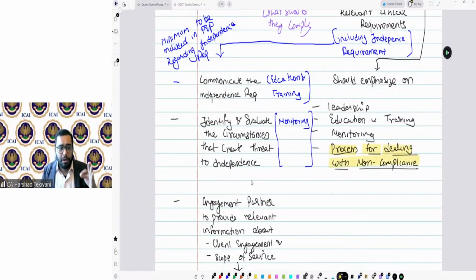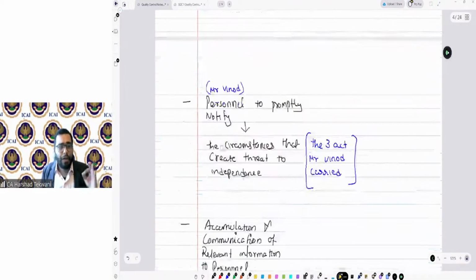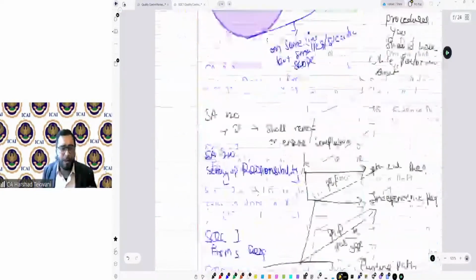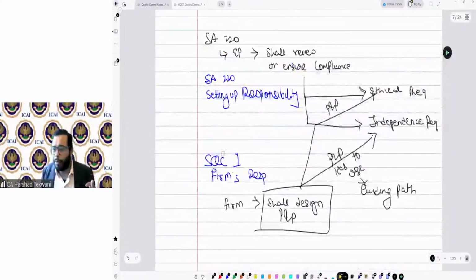We saw this: have a policy and procedure in place which can address the matter of dealing with non-compliance. Now, the engagement partner under SA 220 is required to follow that process when he identifies such a threat.